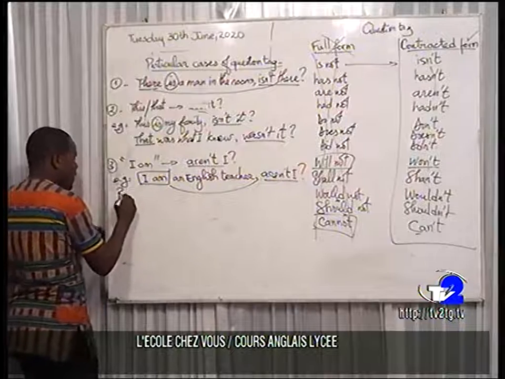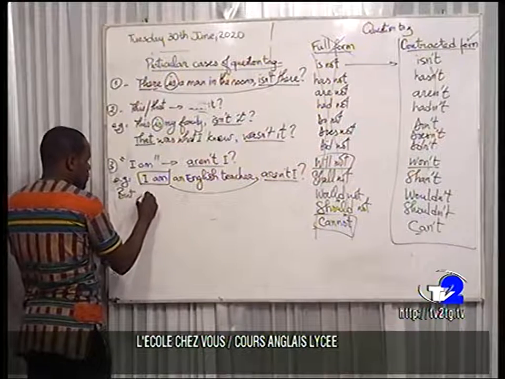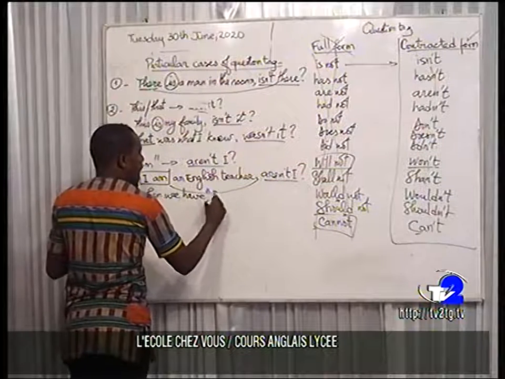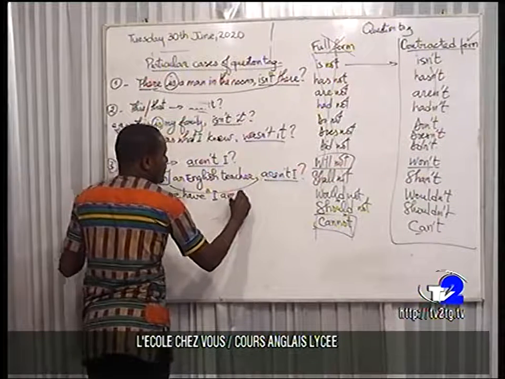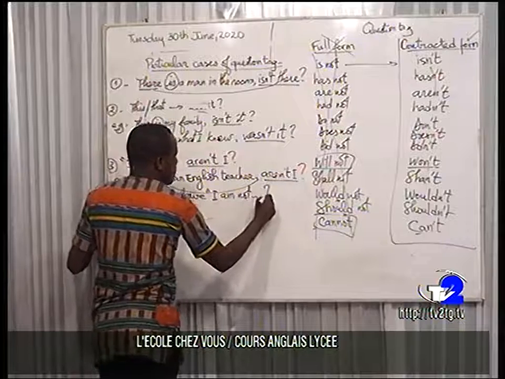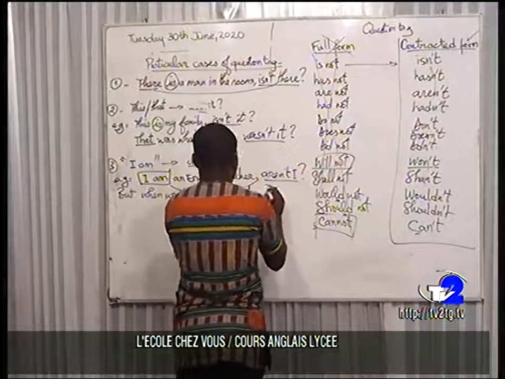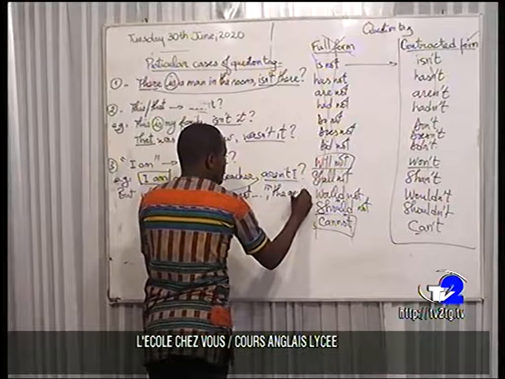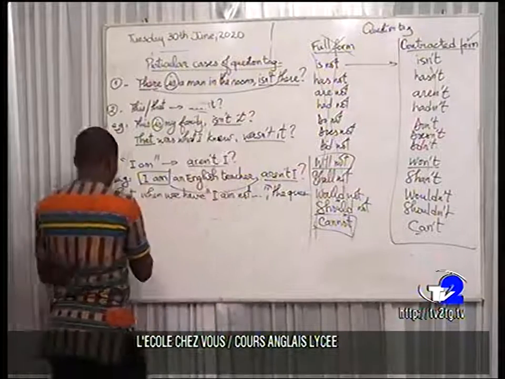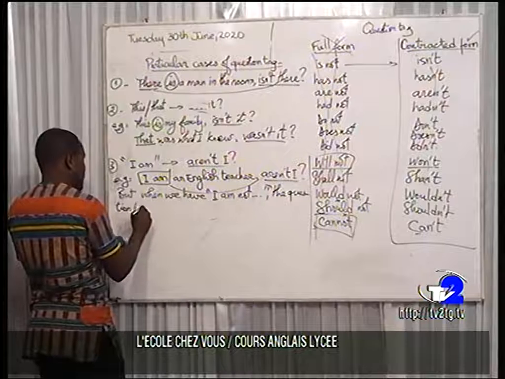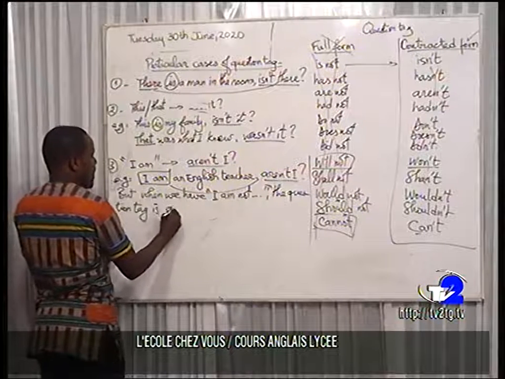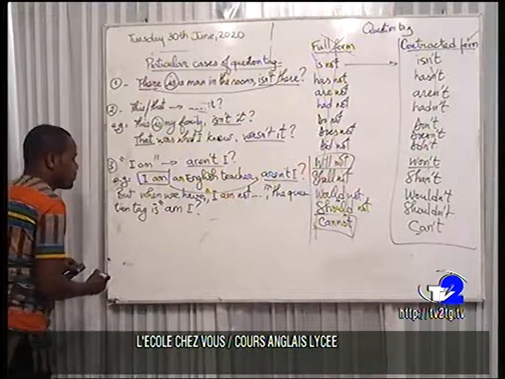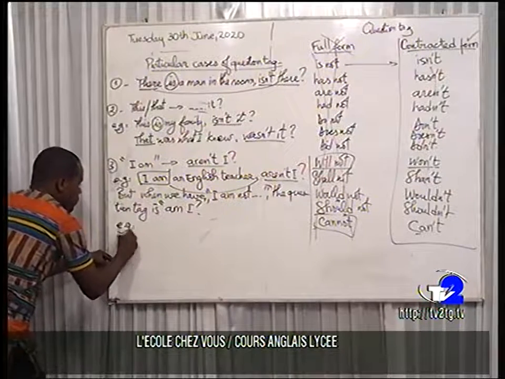But when we have I am not, the question tag is am I. So quickly, let's take this example.